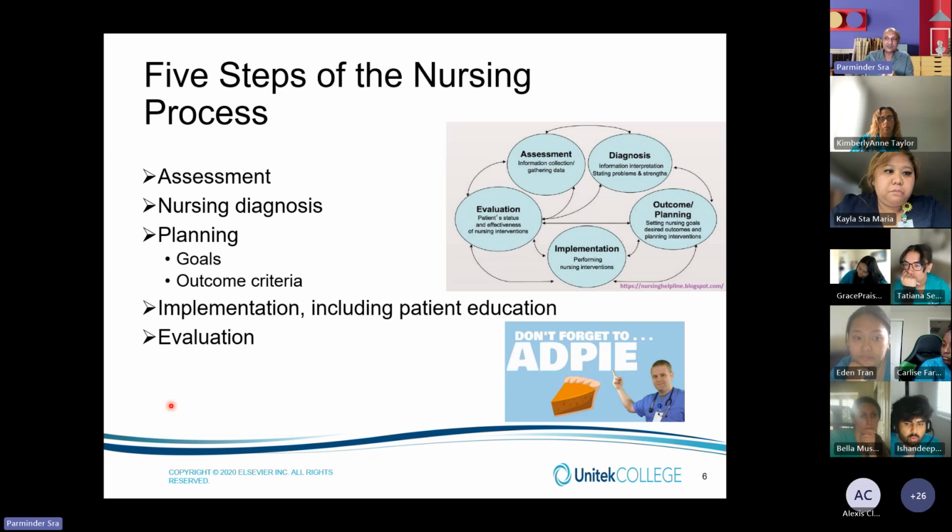In order to evaluate whatever you did, you identified the problem, diagnosed, developed the plans and all the goals, and then implemented it, all that. Evaluation is the important part at the end where you compare and see whether what you did was effective or not.